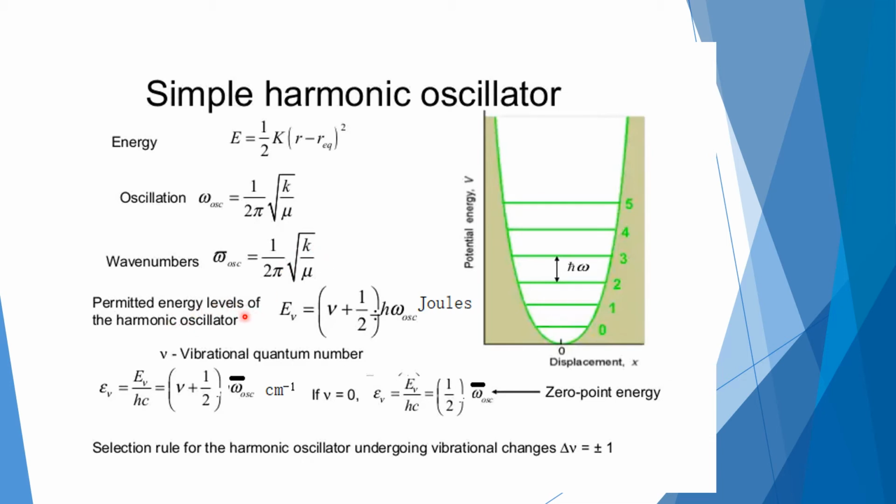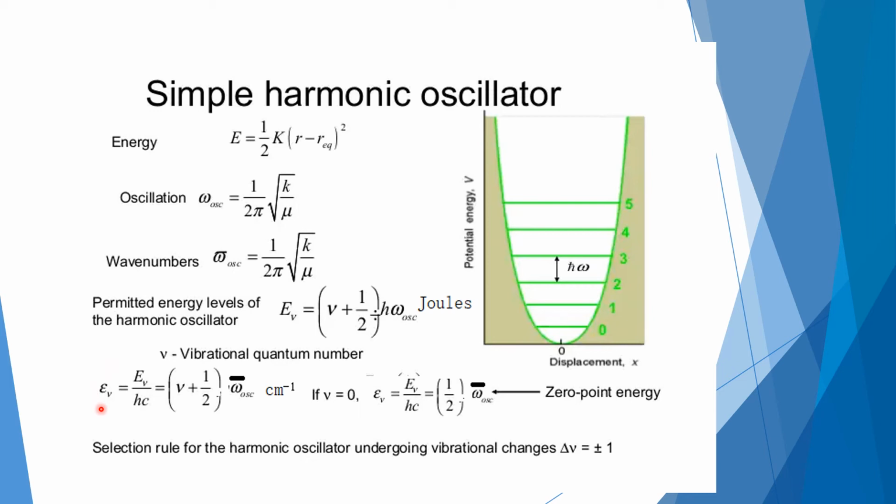And the permitted energy levels for this harmonic oscillator can be calculated using the Schrodinger wave equation. Using this equation, you can see that the permitted energy levels E_v is equal to (v plus half) h nu, or (v plus half) h omega bar oscillation.